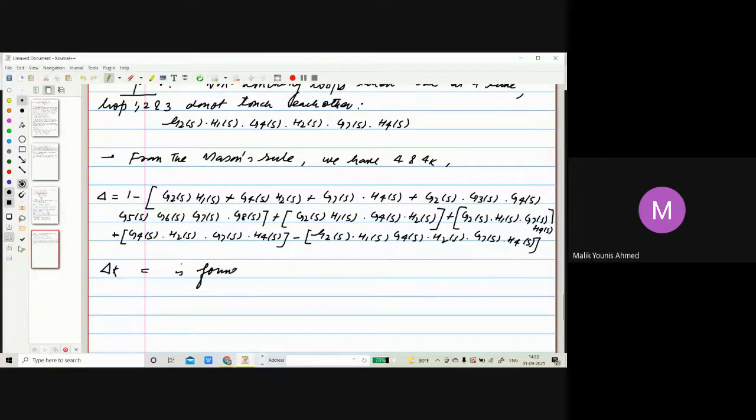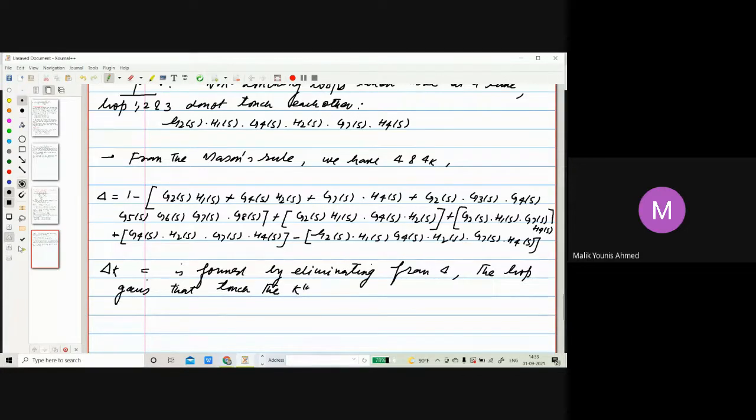formed by eliminating from delta the loop gains that touch the kth forward path.